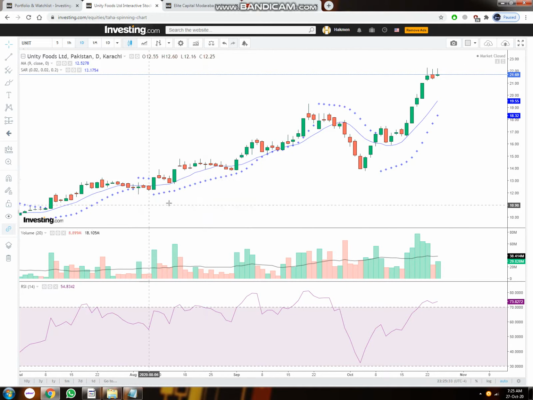Whenever they are below the candle, they are pushing the prices up in the upward direction. When the parabolic star is below the candlesticks, it acts as a support level for the prices and pushes them in an upward direction, not allowing them to go down.